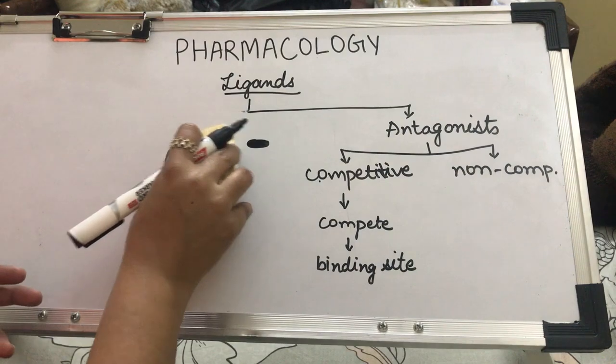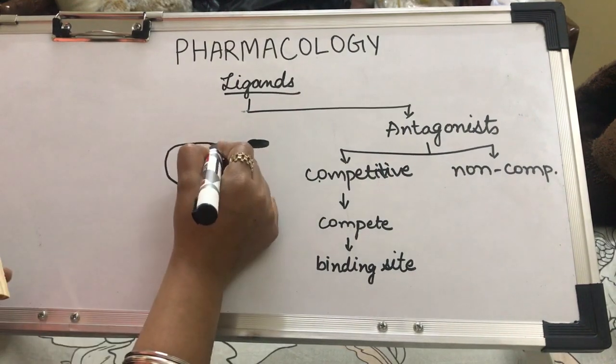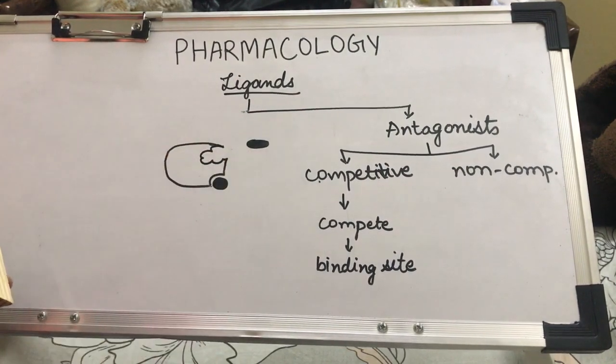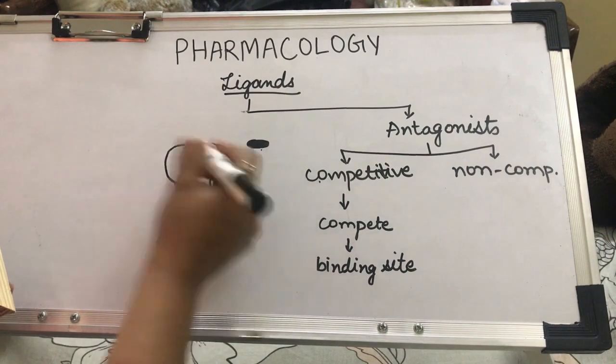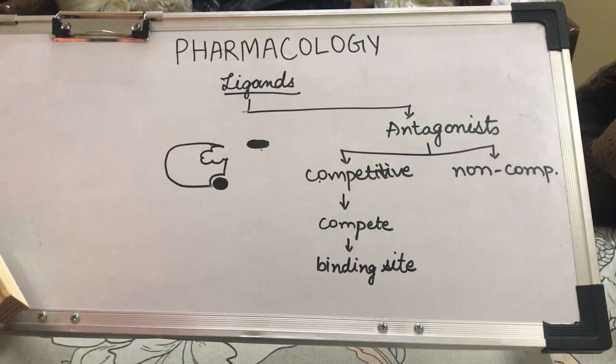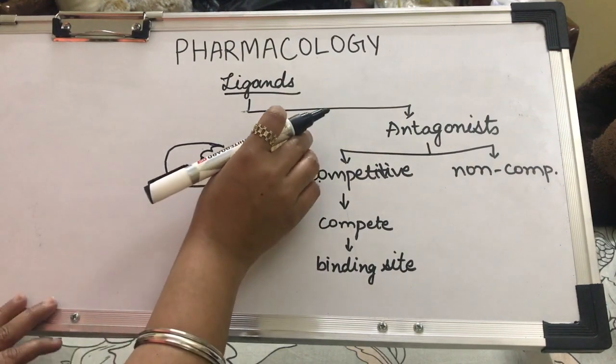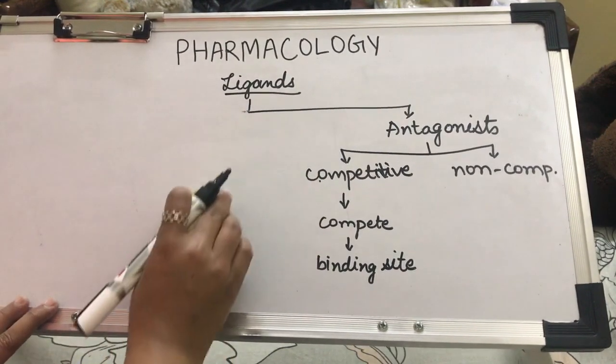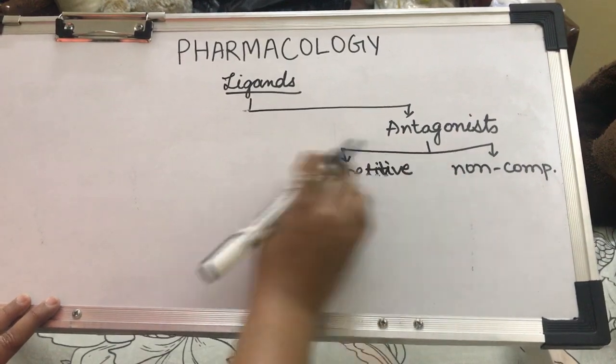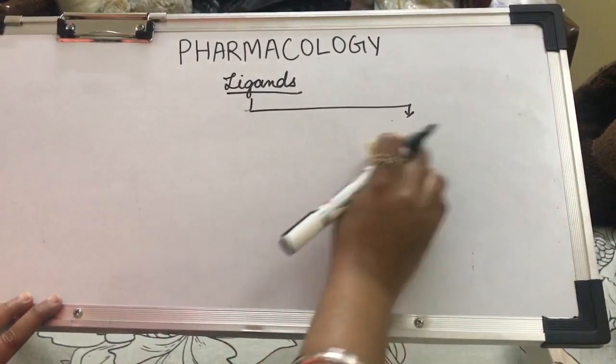Now the shape of this binding site changes, because of which this cannot enter inside the receptor, and thus the activity of the receptor will be blocked. So this is the non-competitive type of antagonism.